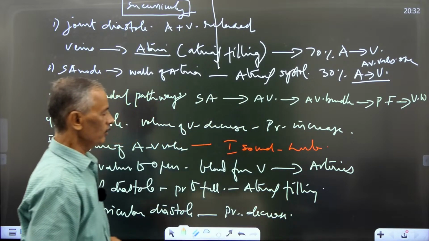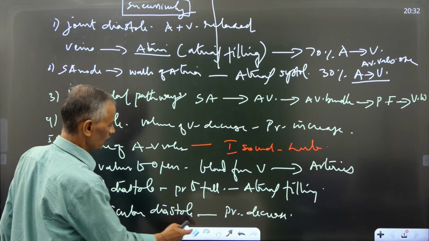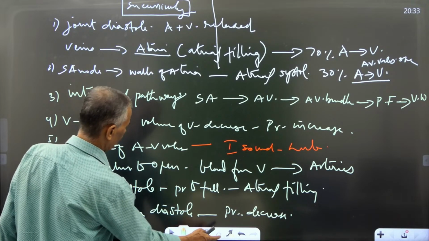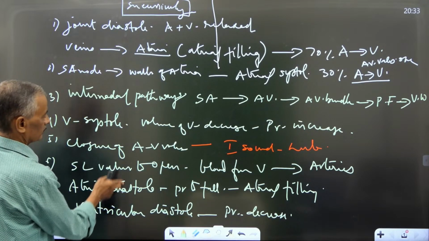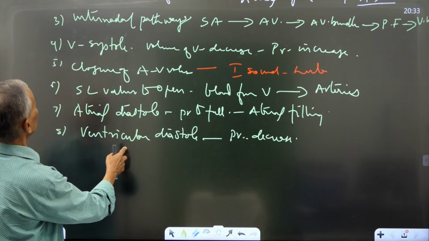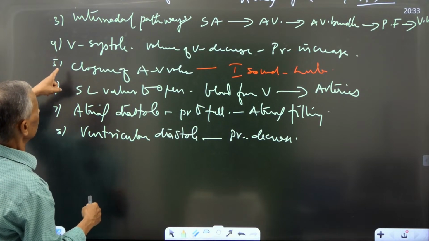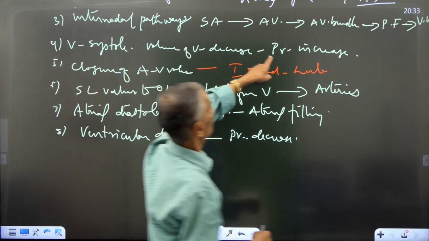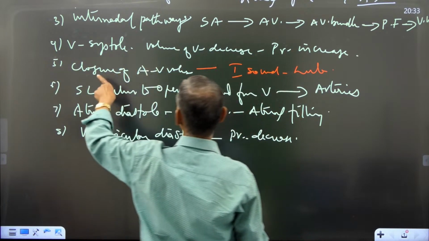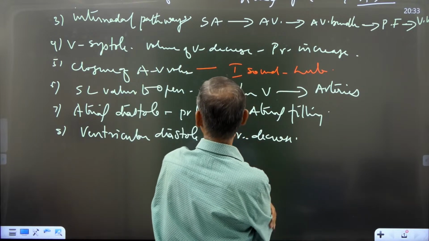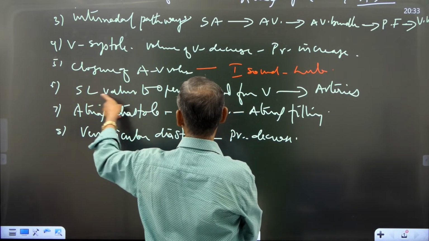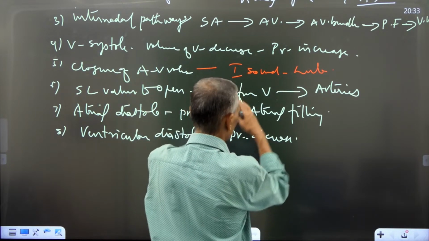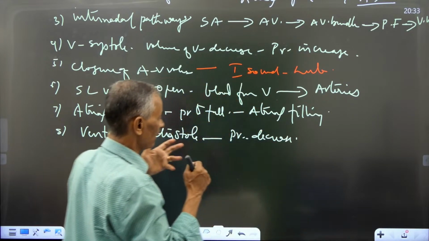That fall in pressure will be causing, see, it was the increase in pressure that caused the opening of the semilunar valves. Now the pressure is relieved, pressure is decreasing.